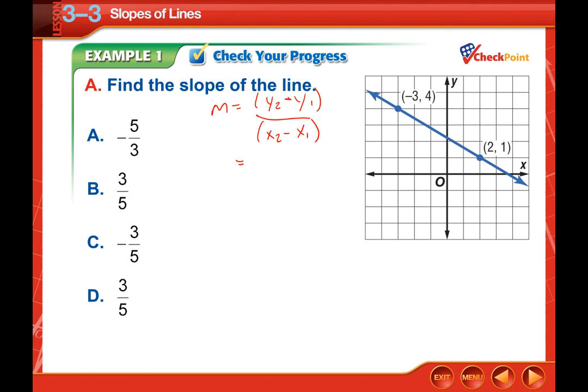That means I have 1 subtract 4 on my y's and 2 subtract negative 3. 1 subtract 4 is negative 3. 2 subtract negative 3 is 2 plus 3, or 5. So our answer should be C, negative 3/5.